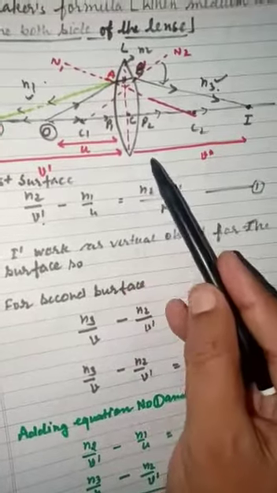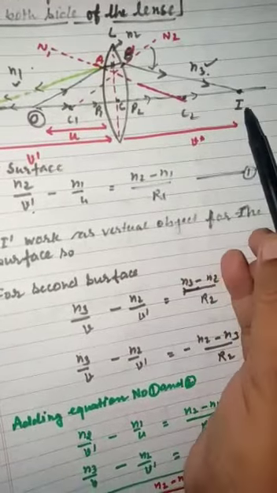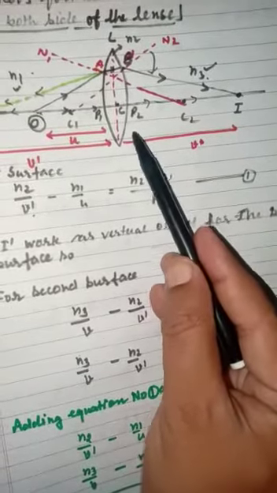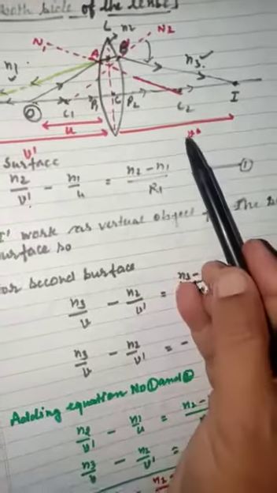That is why the real image is obtained at I from P2 at V meter distance.